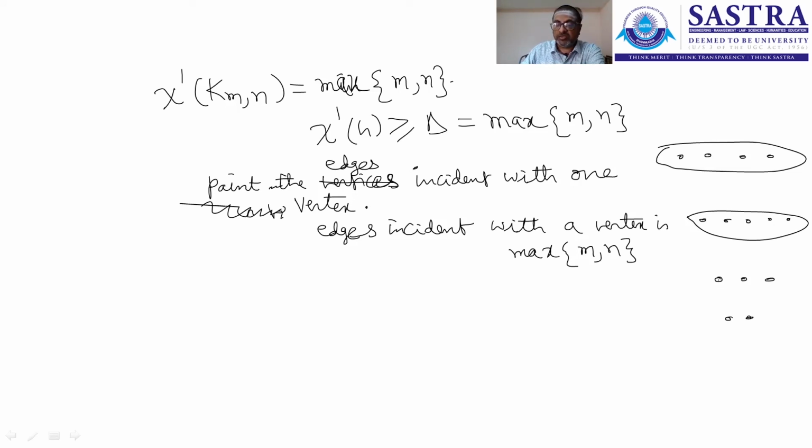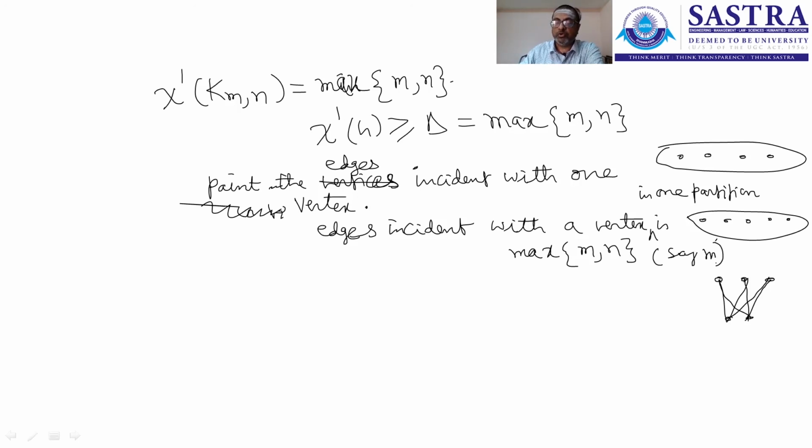Here I have 3, so I'll have 3 edges incident here, 3 edges incident here. So the edges incident with a vertex, in fact, you can be more specific, in one partition, is the maximum of m comma n. Say when I fix this as m, say m.